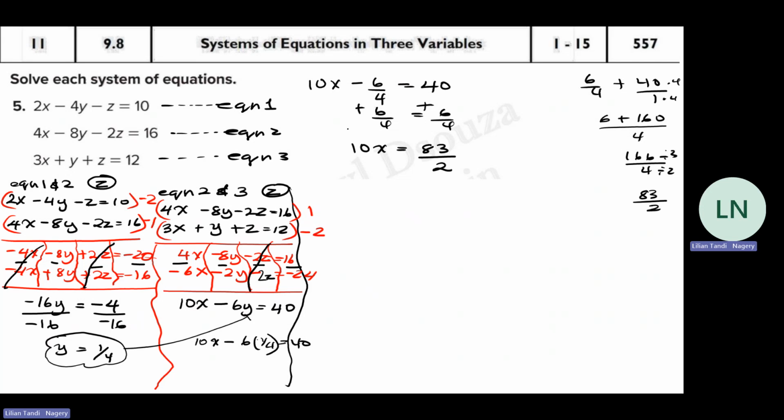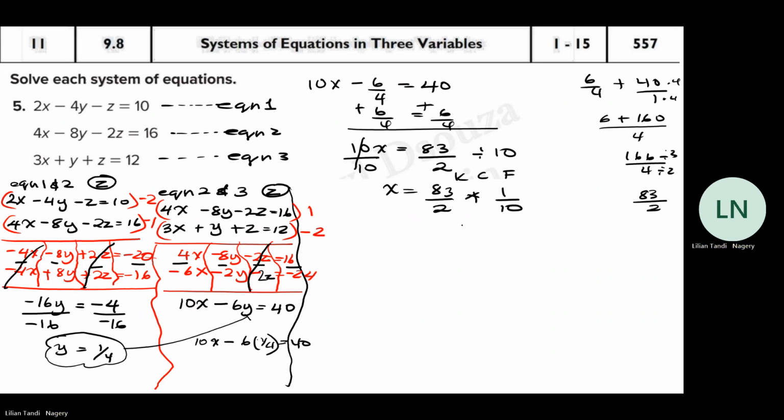Then divide by 10. This goes away. X equals to 83 over 2. Keep, change, flip. So that will be 83 over 20. You can leave it as a fraction. It's all right.